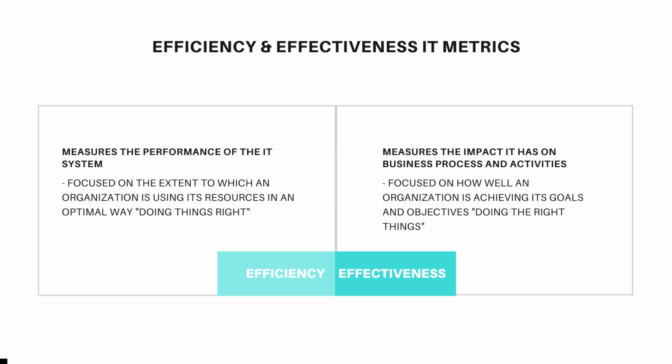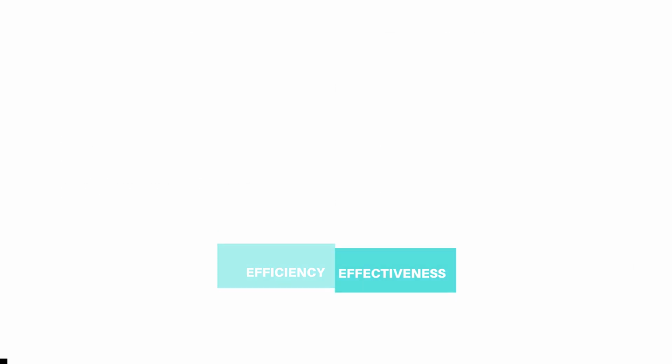Effectiveness IT metrics are used to measure the impact IT has on business processes and activities, including customer satisfaction, conversion rates, and sell-through increases. It focuses on how well an organization is achieving its goals and objectives, doing the right things.